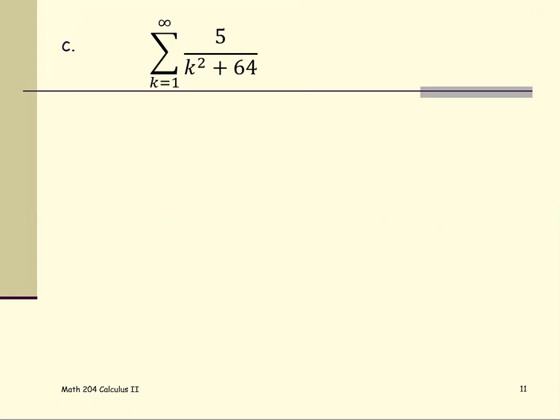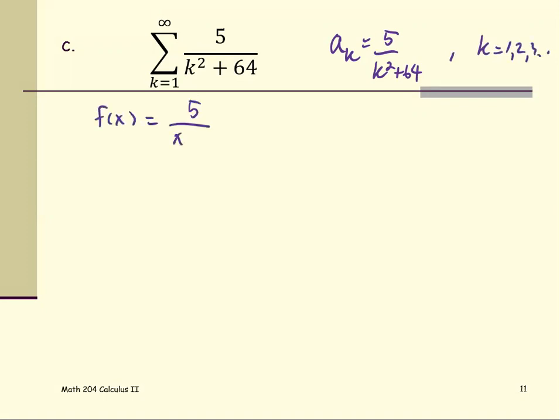Example 3C. In this example, we have a_k as 5/(k²+64), with k starting from 1, 2, 3, and so forth. The function f(x) is 5/(x²+64) for x greater than or equal to 1. The domain of this function is the set of all real numbers because there is no restriction.